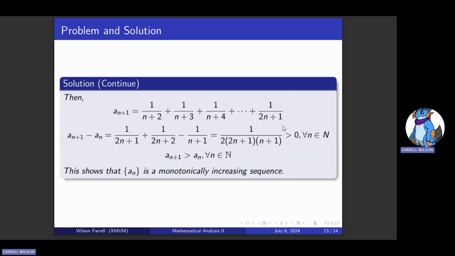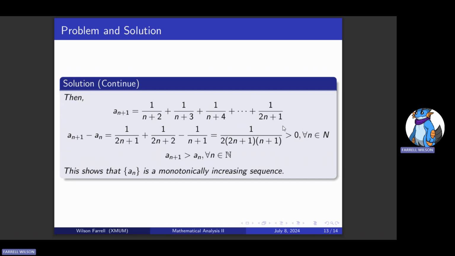Then we can replace n with n plus 1, which results in an plus 1 equals 1 over n plus 2 plus 1 over n plus 3 plus 1 over n plus 4 plus until 1 over 2n plus 1.